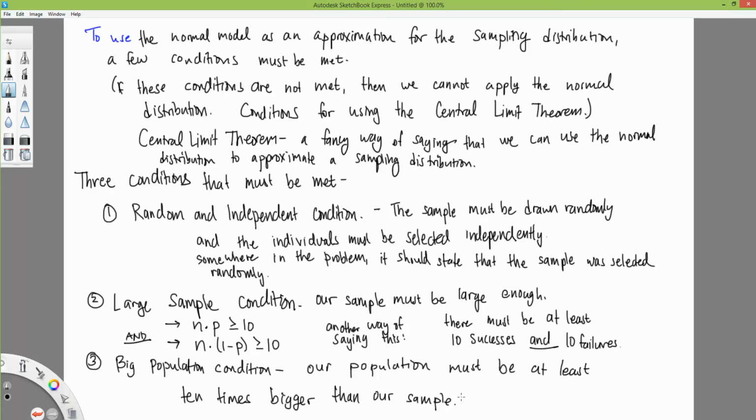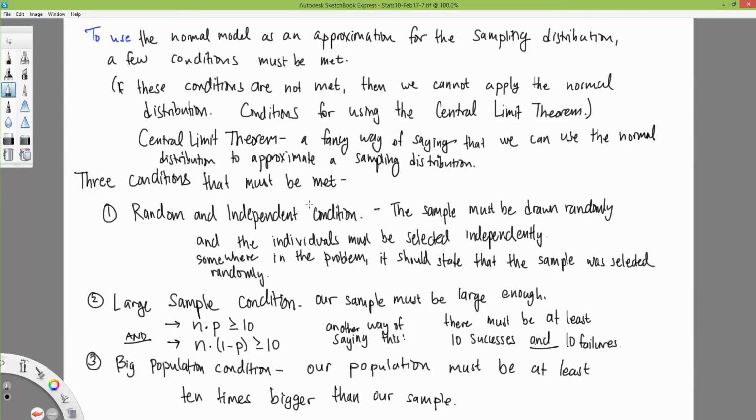At least 500. And if there's 1,000 M&Ms in the tub, what's the biggest sample I'm allowed to take? 100, right? Our population has to be at least 10 times bigger than the sample.